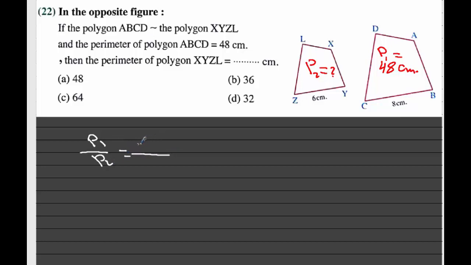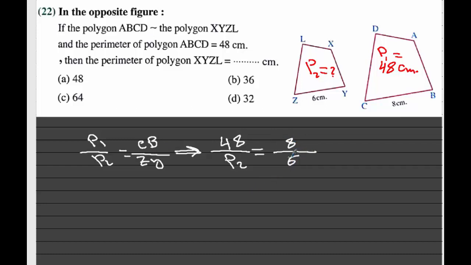equals CB over ZY, and quickly we substitute. P1 is 48, P2 is unknown, it's required, equals CB 8 centimeters over 6.